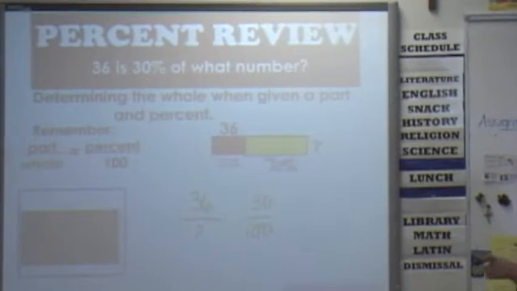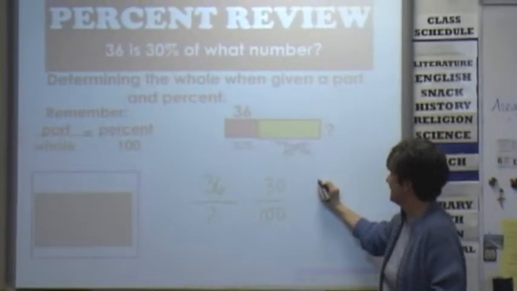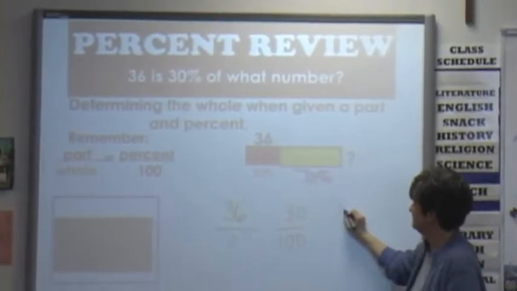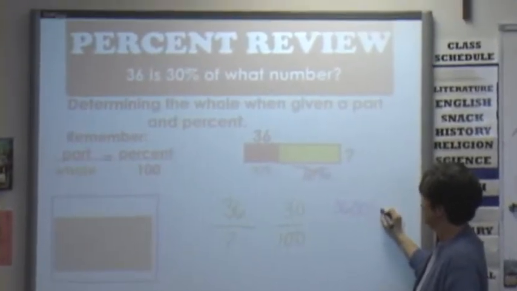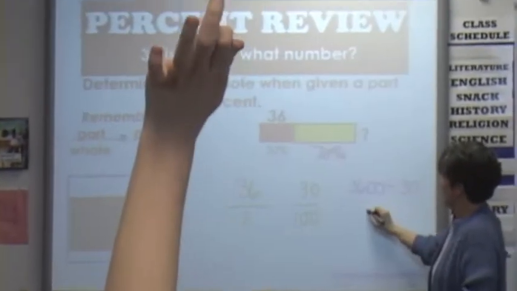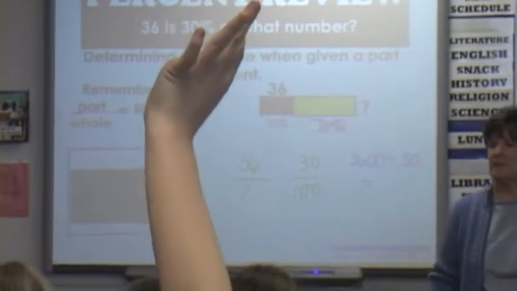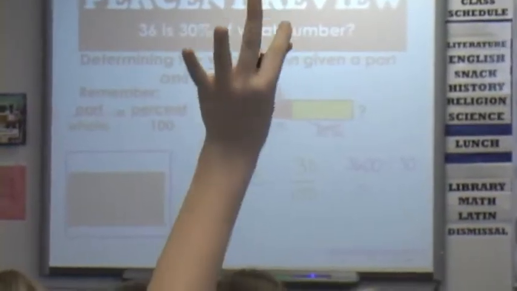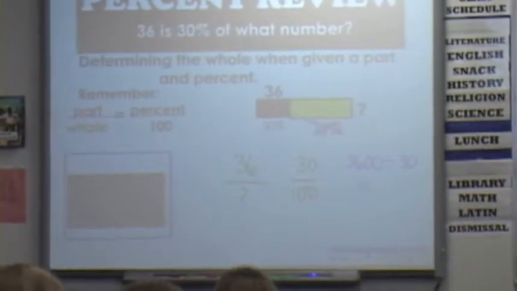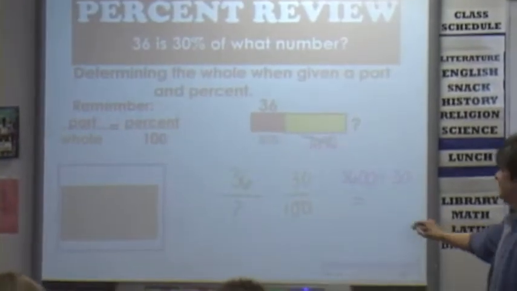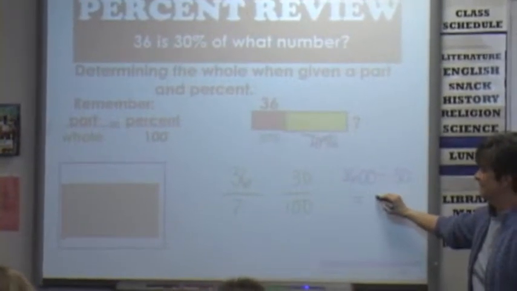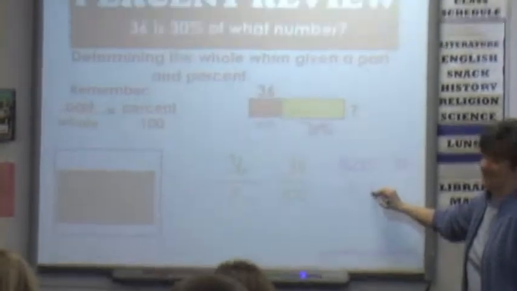All right. Okay, so tell me again, Hannah, what am I going to do? You divide 3,600 by 30. You get 150. Giovanni, remember there's a way to share. Okay, Chloe? We can do this pretty easily if we divide by 10 and then multiply by 3. And you're exactly right.